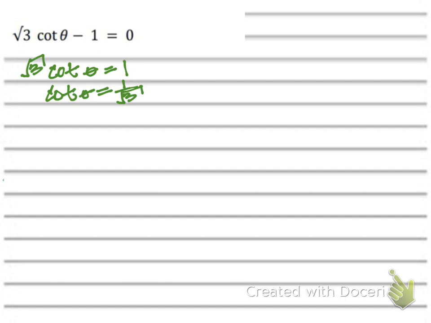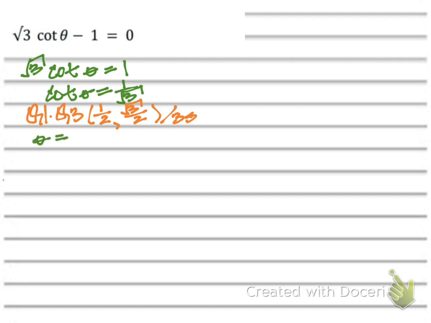The x and y have the same sign, and so that is in quadrant 1 and quadrant 3. If cotangent is 1 over root 3, that's x over y, right? So that means my ordered pair must be 1/2, root 3 over 2. There's my x over y, and that is my family of over 3s.